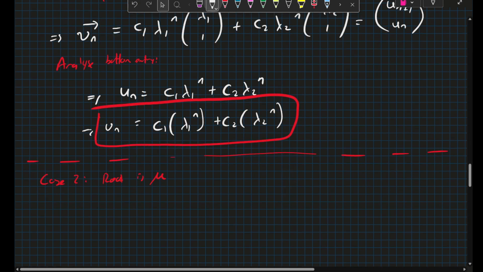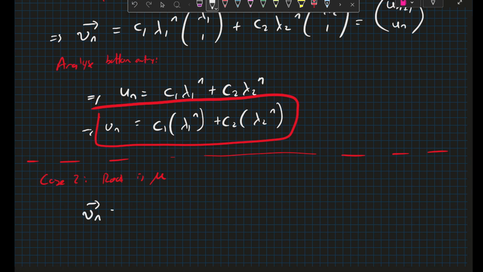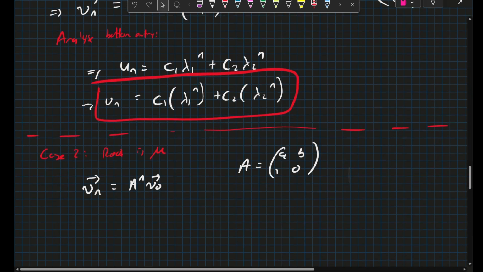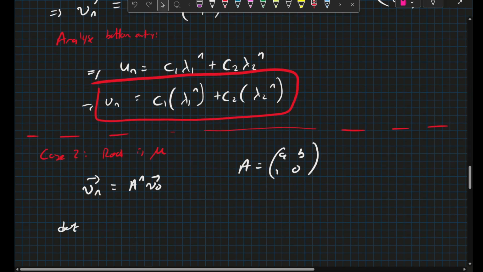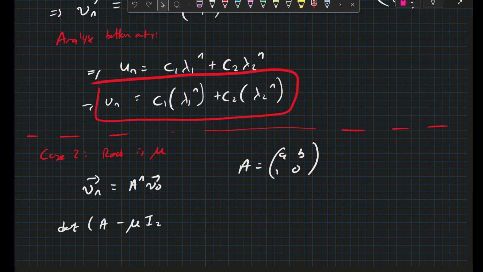Now I'm going to skip ahead because it has the exact same start, in that we can arrive at Vn equals A to the n V0, where A is still the matrix (a, b; 1, 0). And as well as that, the determinant of A take away mu times the two-dimensional identity matrix will still give us the result of lambda squared take away a lambda take away b being equal to 0.